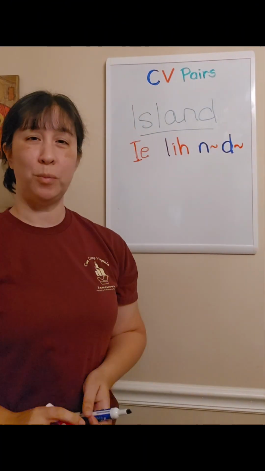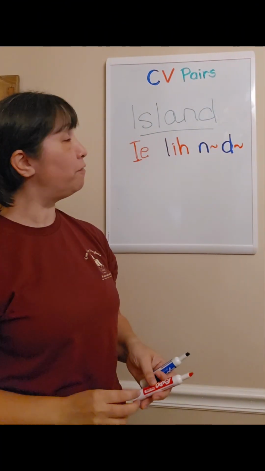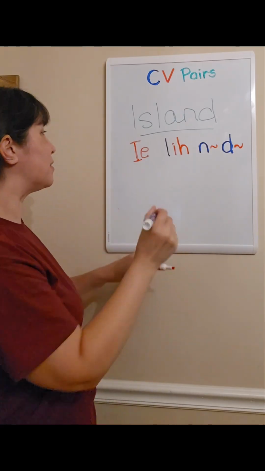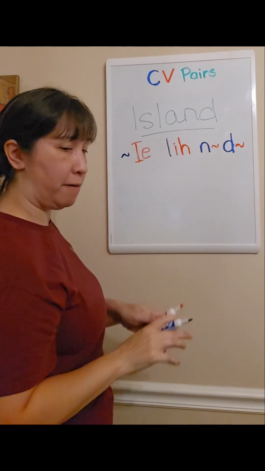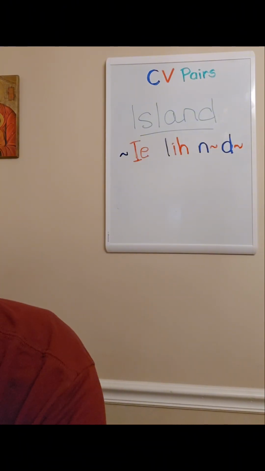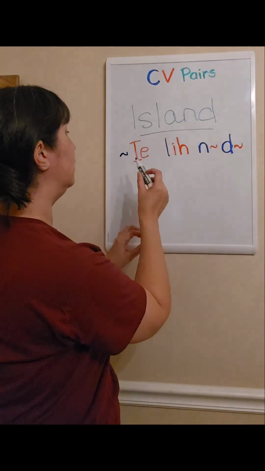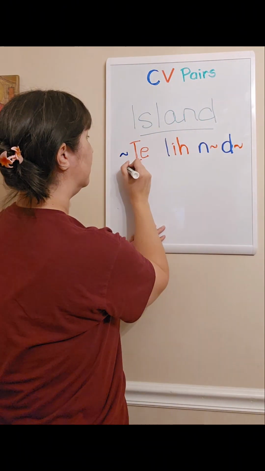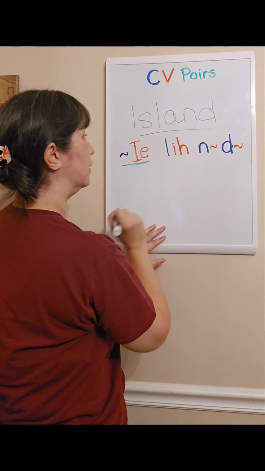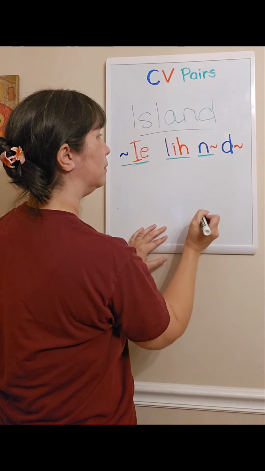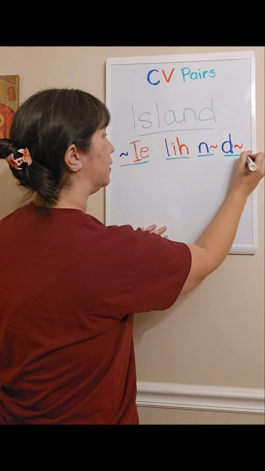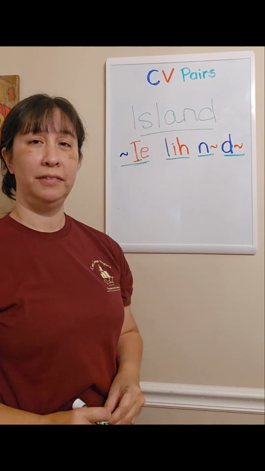There. The word island has 4 CV pairs. So we have the 4 CV pairs being I, li, n by itself, and d by itself.